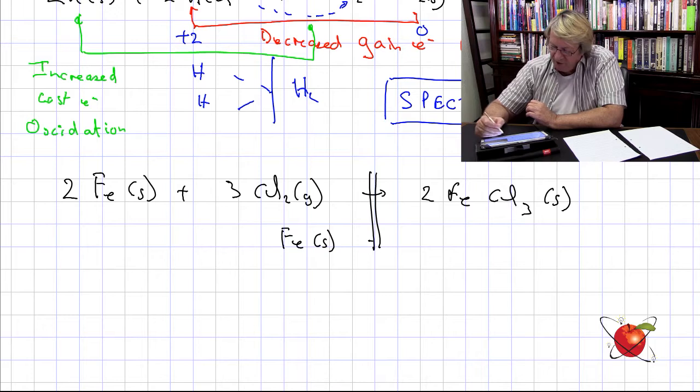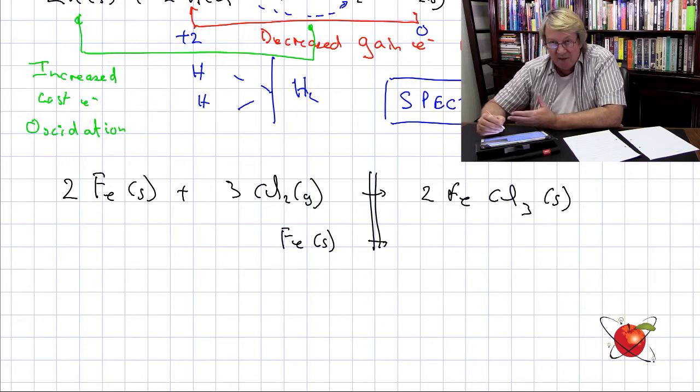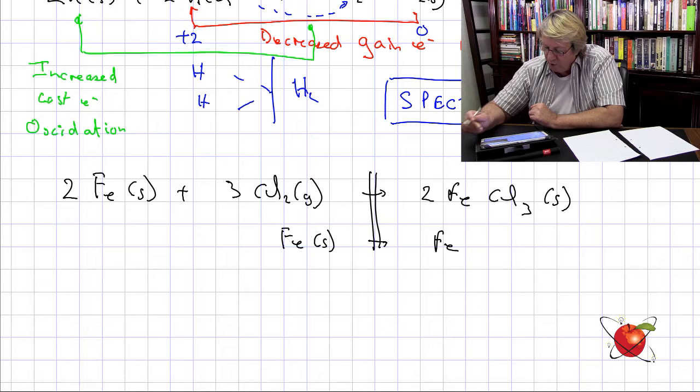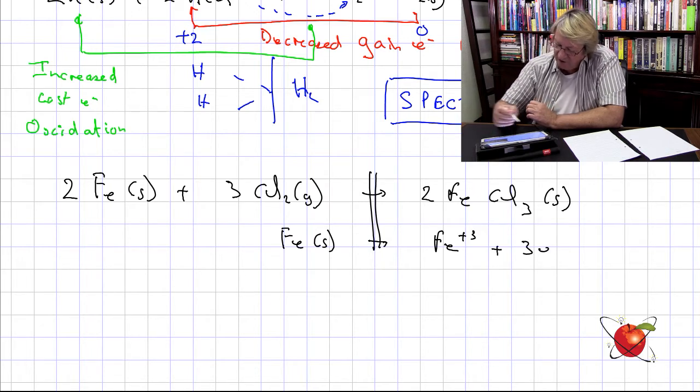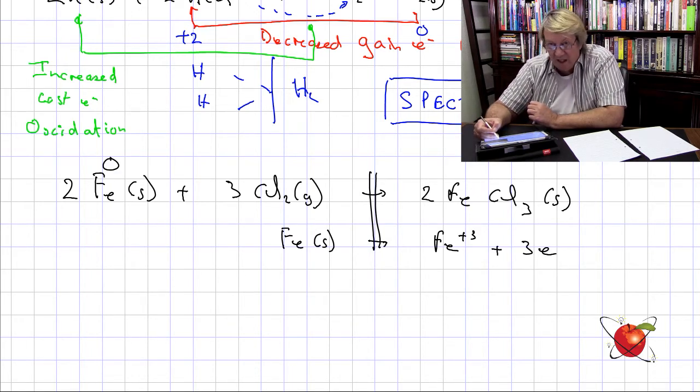When it went through the activated complex, it must have split and become an ion. In this case, it became Fe plus 3 and 3 electrons. Let's put an oxidation number 0 there. Chlorine is -1, -3, therefore that must be a +3.